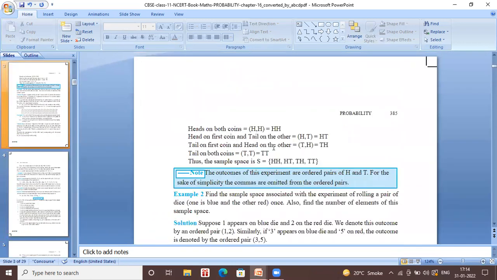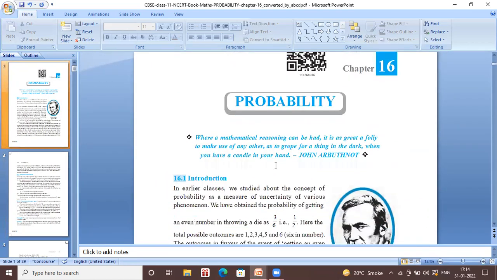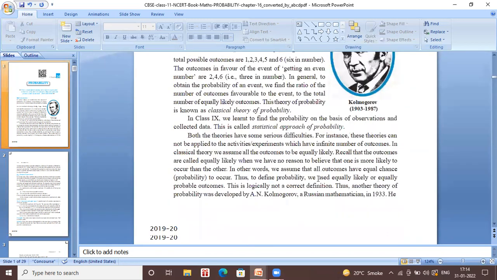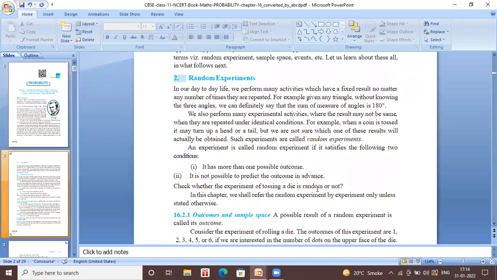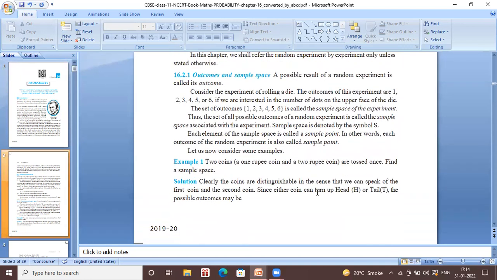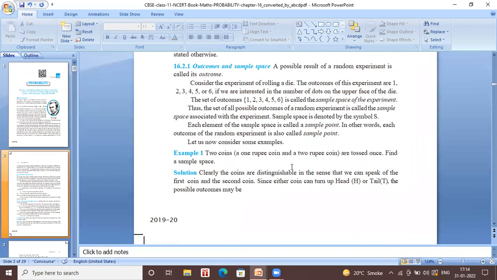The first example is: two coins are tossed, a 1 rupee coin and a 2 rupee coin. In both the coins, head and tail are there. We have to find the sample space.